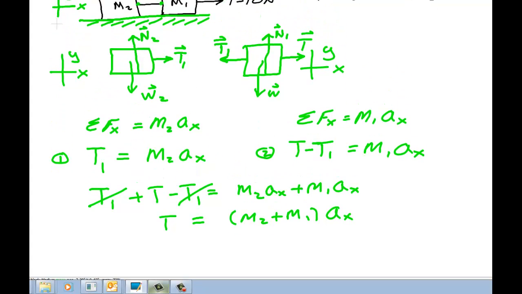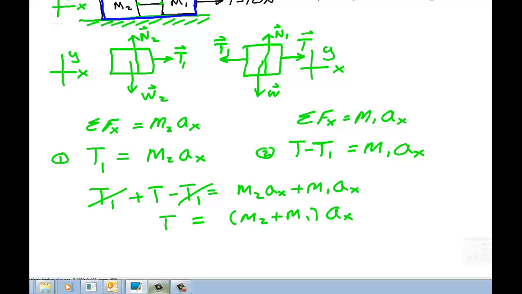And what that shows you is this. Considering this to be the body that I'm talking about, like I did in the previous video, this was the total mass, M1 plus M2. So that's what went in Newton's second law, mass times acceleration.